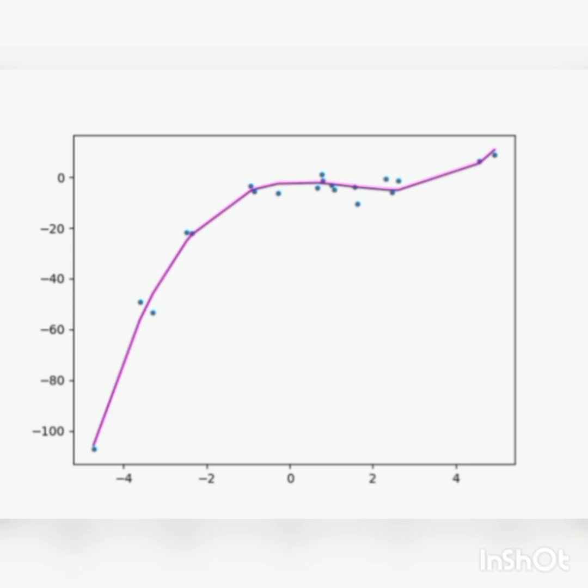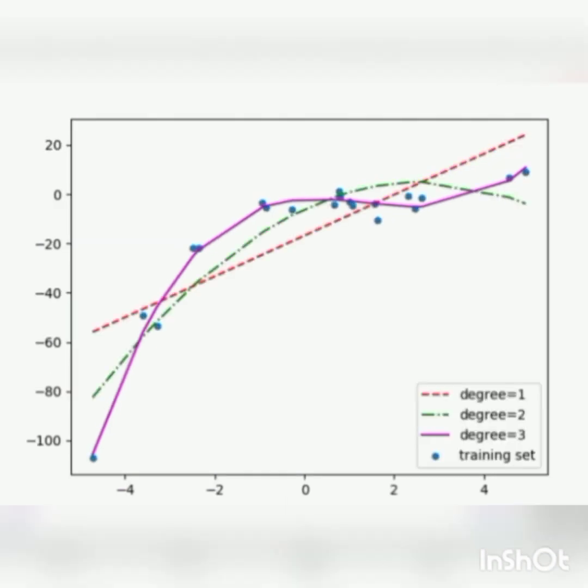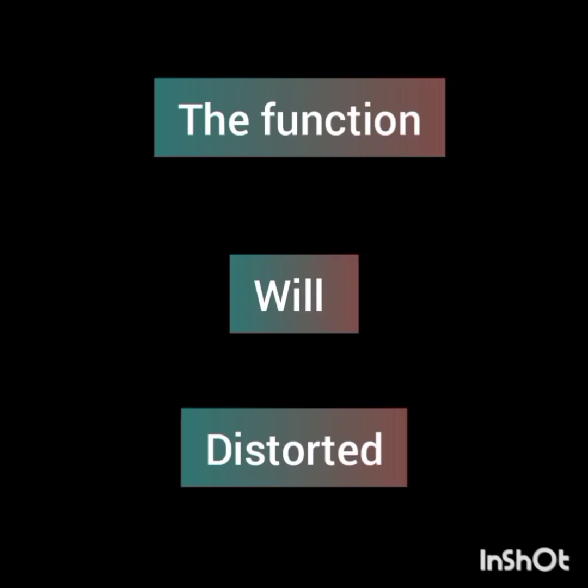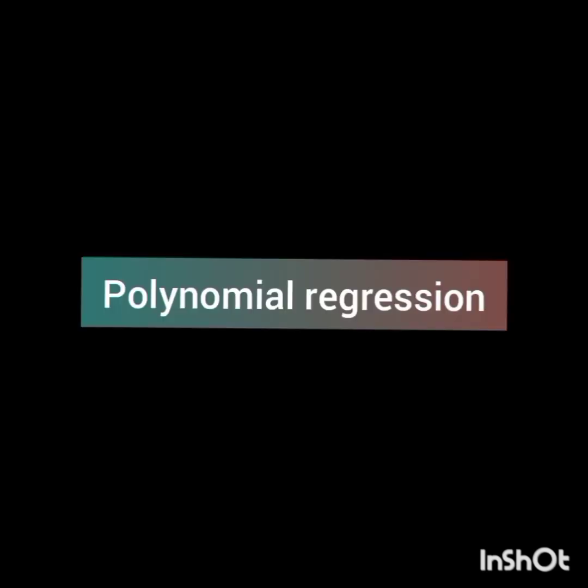There you will get an idea of which kind of equation to fit, whether a quadratic polynomial, cubic or fourth degree. Beyond that, the function will be distorted. That's why we use polynomial regression. Now we will see the practical approach of polynomial regression.